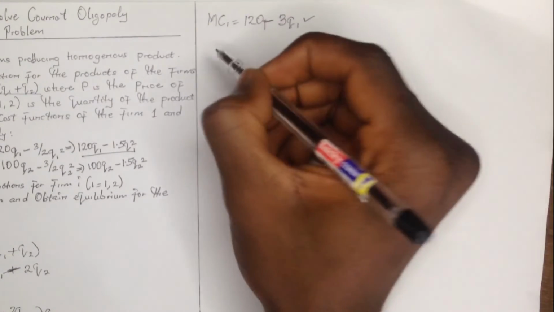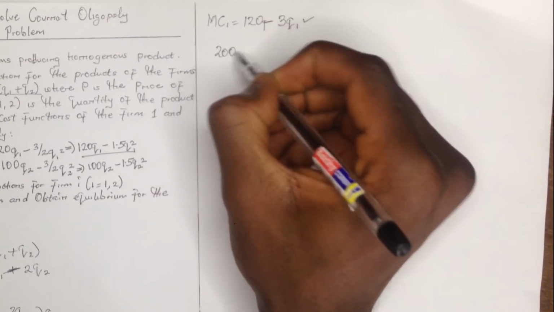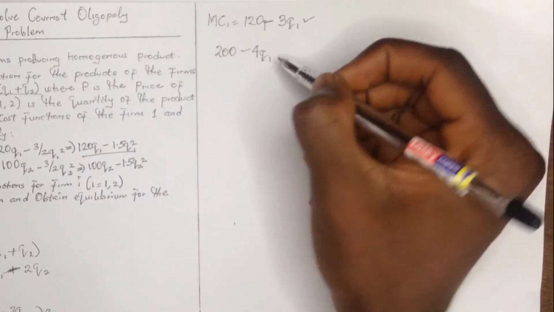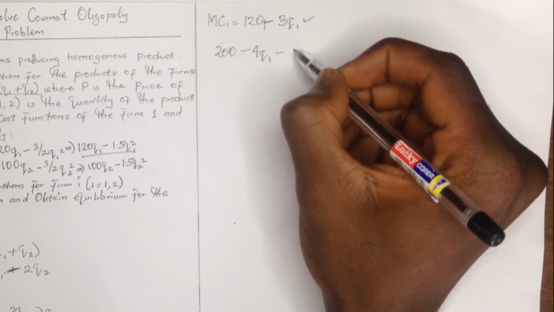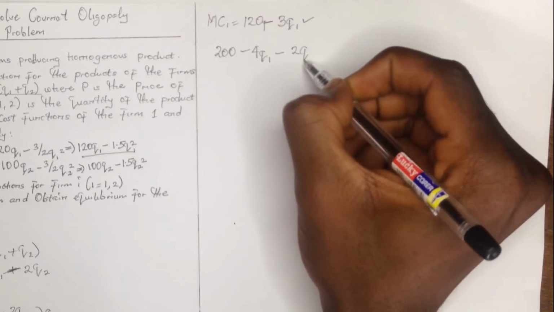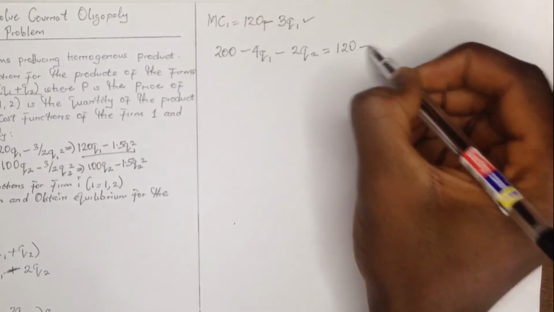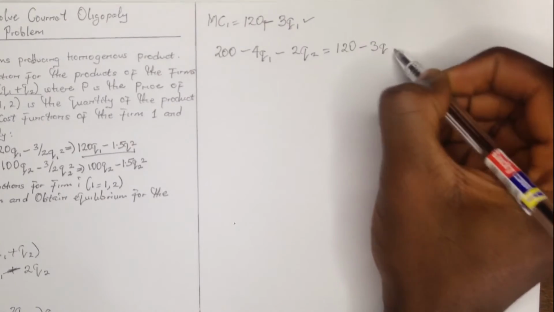Equating them, we have 200 minus 4Q1 minus 2Q2 equals 120 minus 3Q1.